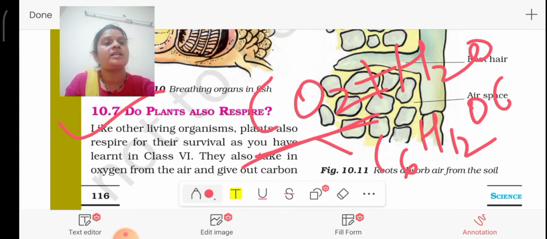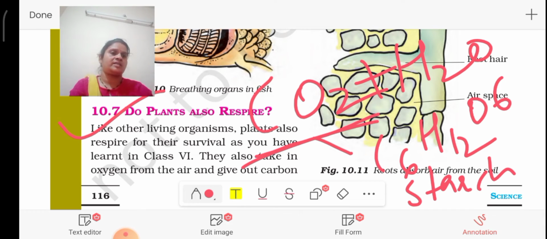What is it? Starch. That is a carbohydrate, you can say in short. That starch they use for their growth and development, for getting energy for their life processes. They have to grow, stay healthy, and reproduce. For all these things, plants also need energy.